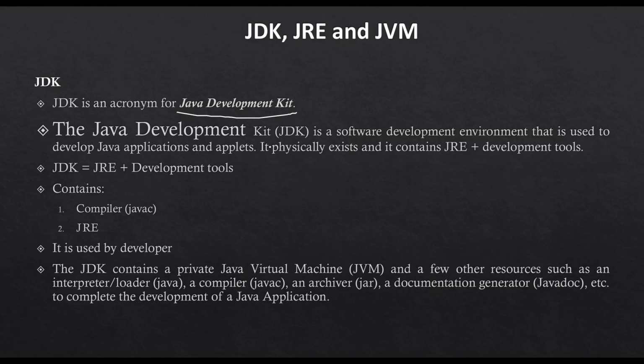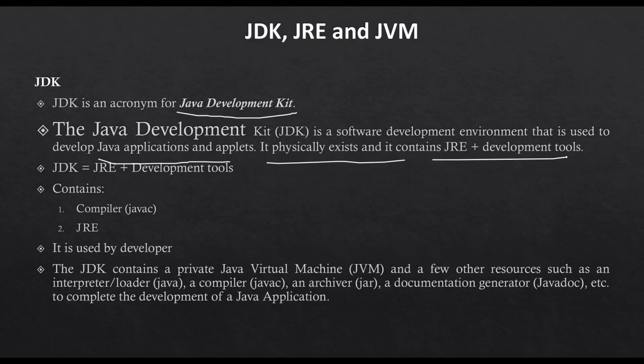The Java Development Kit is a software development environment that is used to develop a Java application or applet. It physically exists, containing JRE and some development tools. So the Java Development Kit is nothing but software where we develop our Java application.